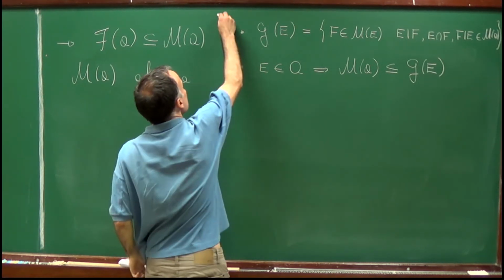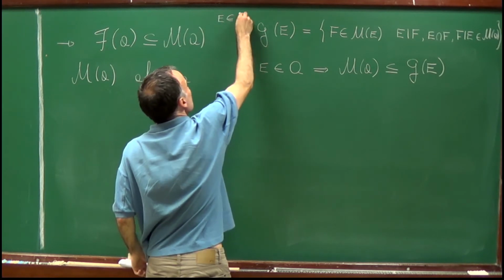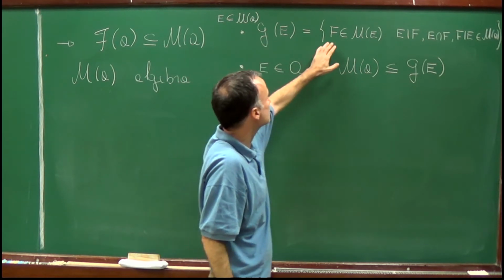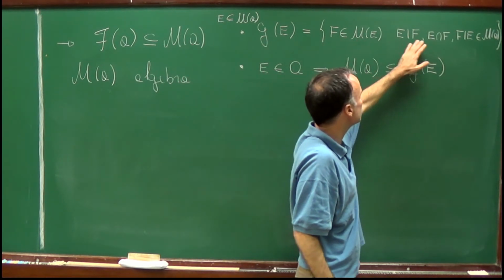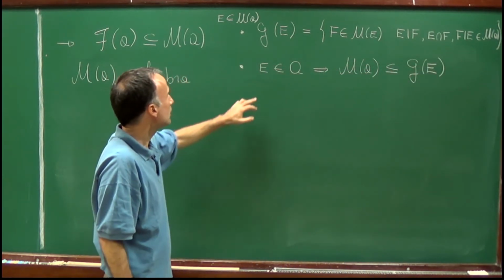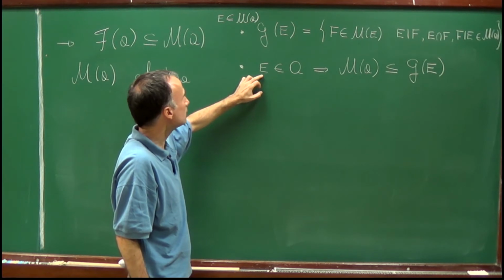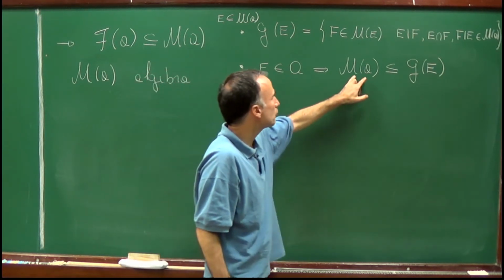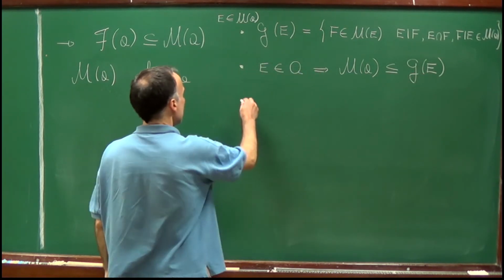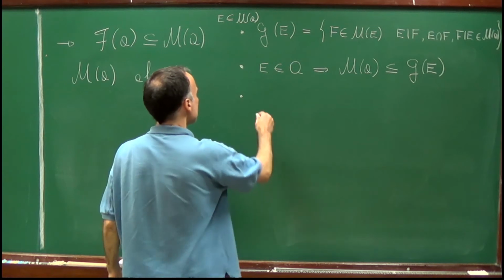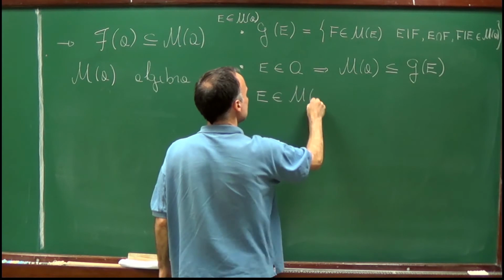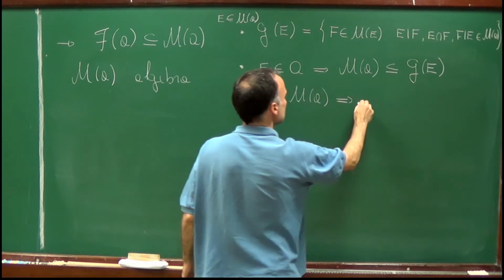So if E belongs to the monotone class generated by A, we define G of E as the sets F in M of A for which these three sets are in M of A. And we proved that if we take a set E in the algebra, then the monotone class generated by A is contained in G of E. Now we will show that if I take E in M of A, the same result holds.